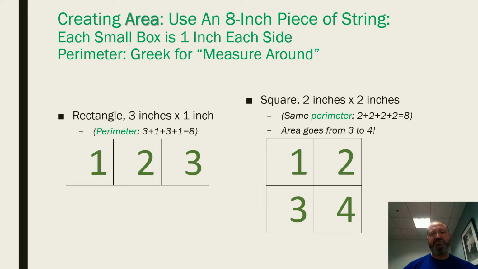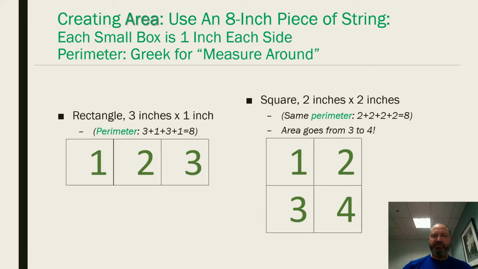So measure around. So for a rectangle, measuring around 3 by 1, 3 plus 1 plus 3 plus 1, that gets us back to the 8 inches. Now, let's imagine that we're breaking this rectangle into squares, 1 by 1 each. And as you can see, we have 3 of them. Now, when we make the string into a square, to use the same 8 inches, but each side has to be the same, then we can see quickly 8 divided by 4 is 2 inches on each side.